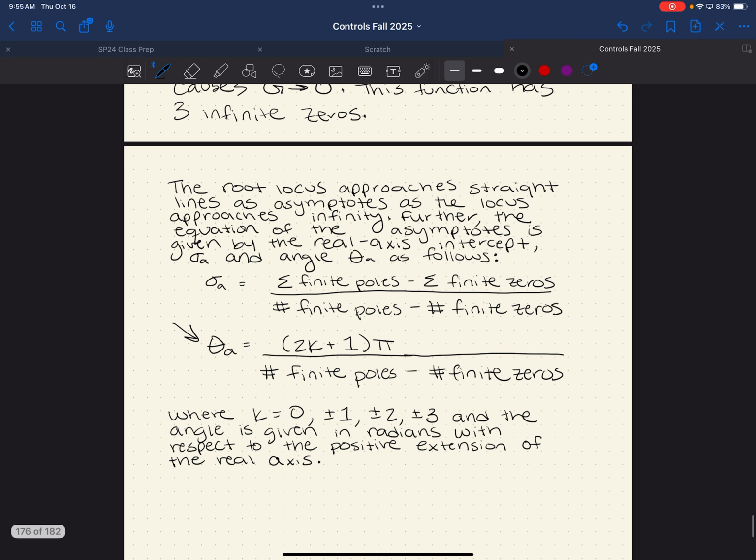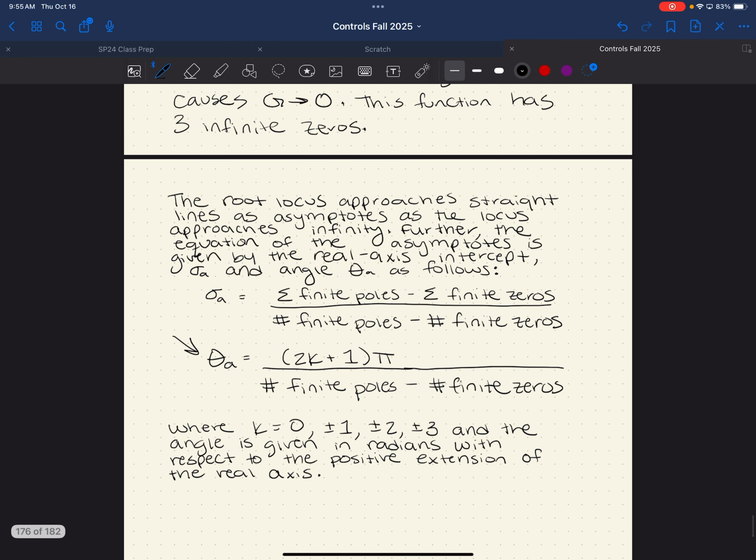I also want to explain right now that the 5 rules that I just explained, I'm going to categorize as rough sketching rules. These are the 5 rules you need to know to get just a very rough-grained idea of what this root locus looks like. There will be more rules after we do a couple of examples that help us refine that root locus a little bit more.